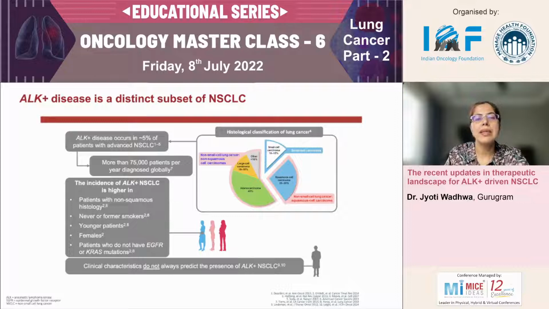It commonly is seen in never smokers or former smokers. The patients are significantly younger. Females are predominantly affected, and there usually is an absence of other molecular mutations such as EGFR or KRAS mutations. However, one should not just predict the presence of ALK mutation based on the clinical characteristics, and it's very important, therefore, to test for it in the right way.